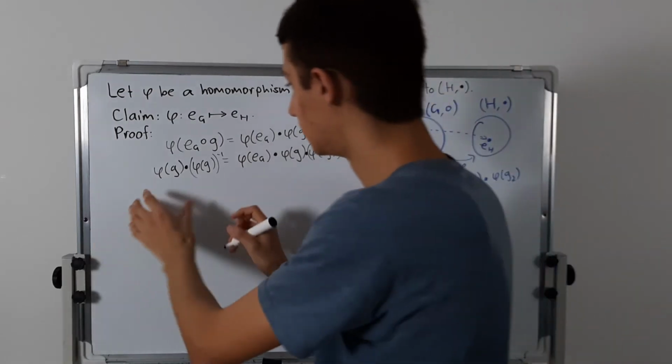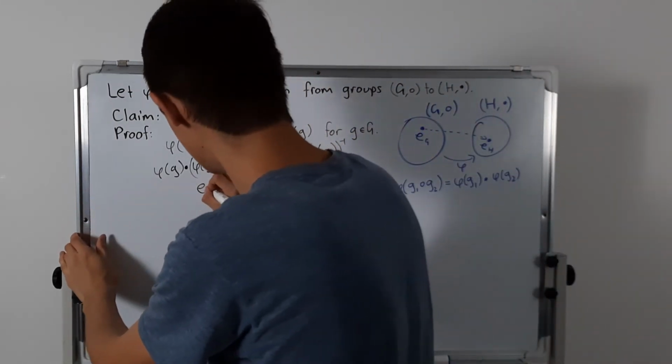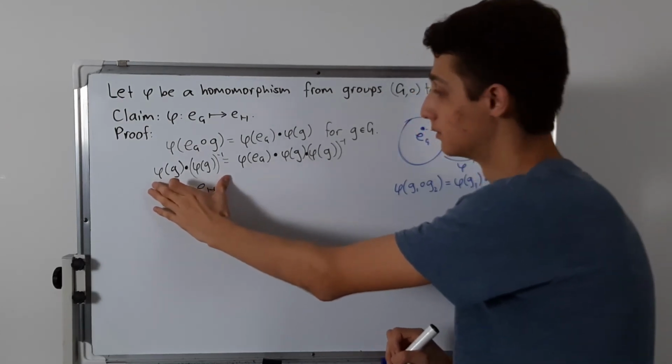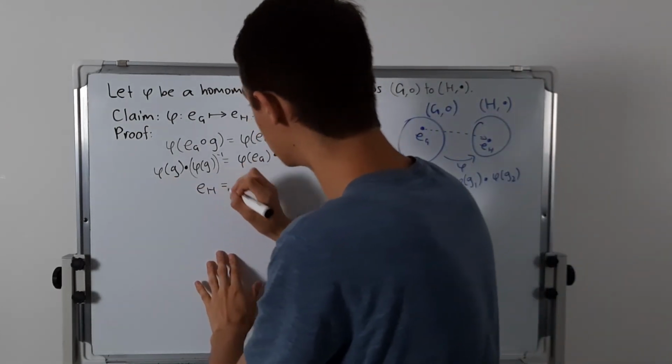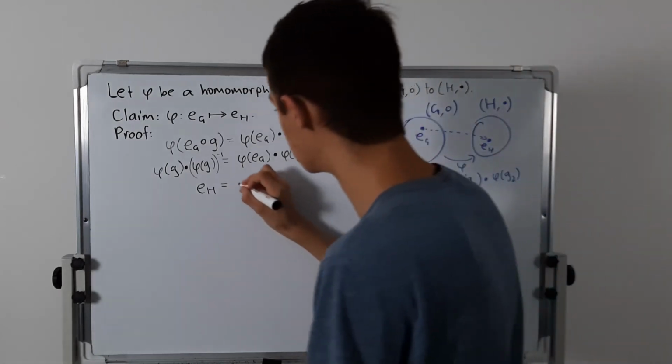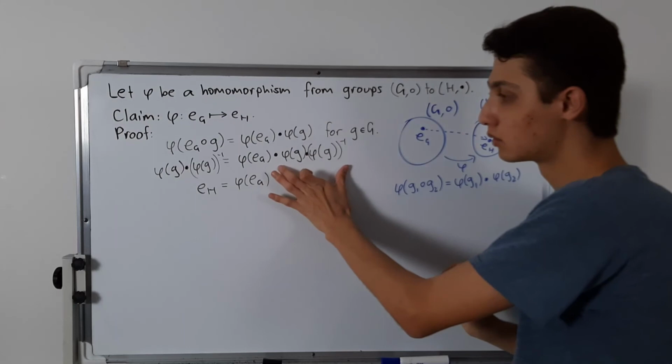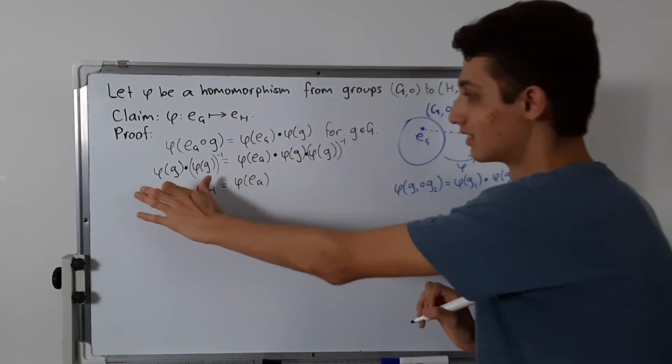So this is going to turn into E sub H, because this is now the identity element of H, because it's in the codomain. And this is going to be equal to phi of E sub G composed with E sub H, for the same reason.